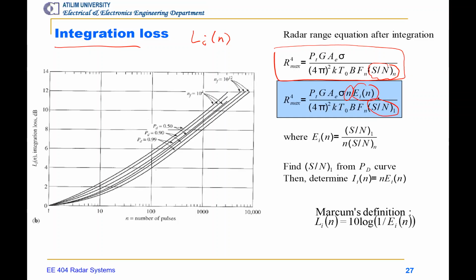So there are two new parameters, the number of pulses to be integrated and integration efficiency. These two are related to the probability of false alarm and probability of detection through these graphs. And as SNR1 is also related to PFA and PD, we have to make a compromise between PFA, PD, efficiency, pulses to be integrated, and SNR for each pulse.